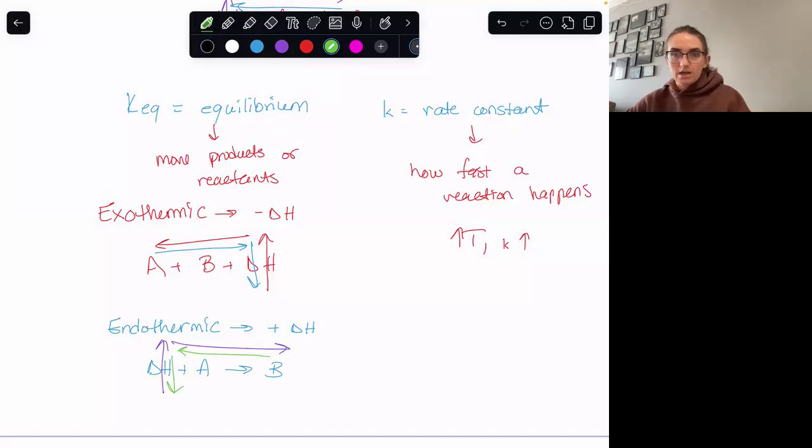Right, so different than an exothermic reaction. If you're increasing temperature, then equilibrium gets established faster than if you decrease your temperature, but it's just dependent on if you have more reactants or products at the end, once equilibrium is reestablished.